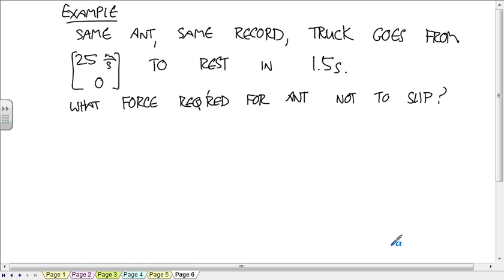All right, so in order to calculate that force, we need to get the acceleration of the ant. And the acceleration is going to be the acceleration due to the rotation plus the acceleration of the pivot point. And that acceleration of the pivot point is the acceleration of the truck.